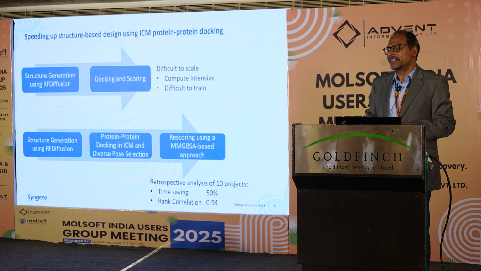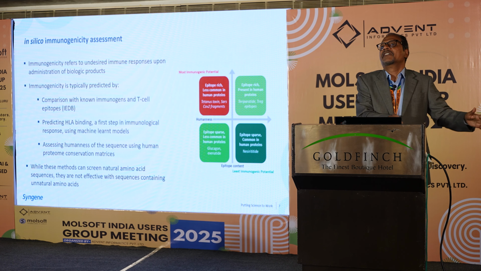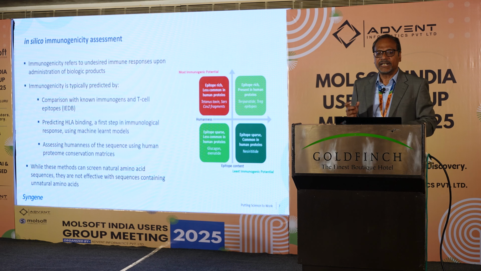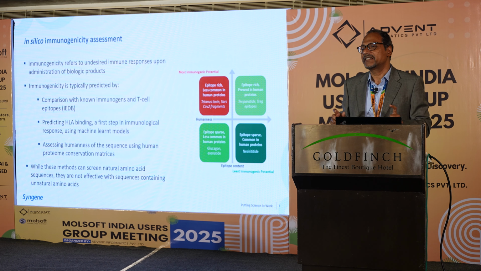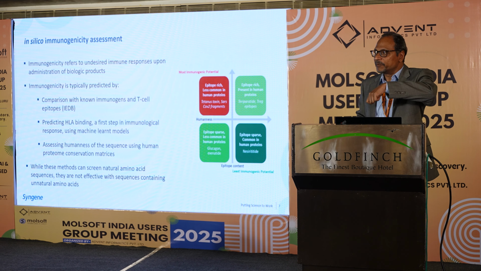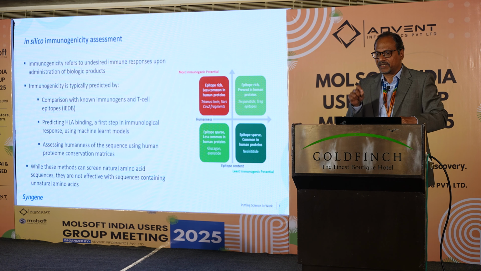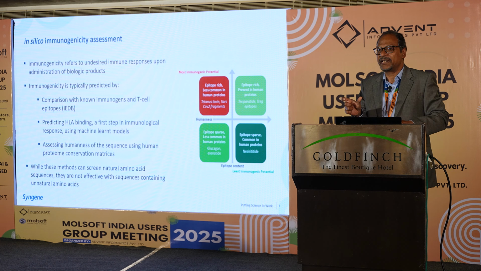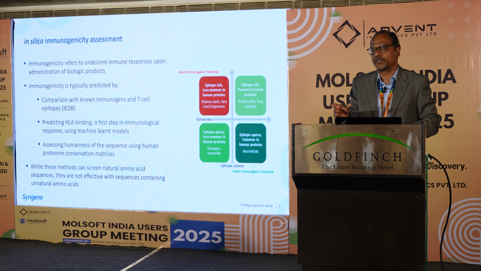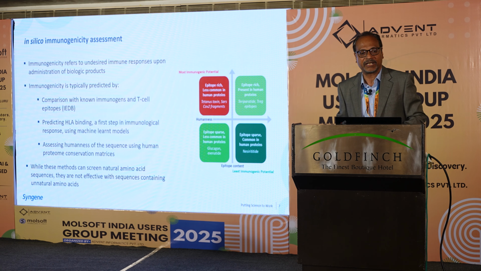If you are developing the antibodies in something that is non-human, and you administer it to a human, you will get an immune response, because that's something that your immune system will respond to. So the idea is to remove all those epitopes that can cause immune responses, so that you'll have a safe antibody.